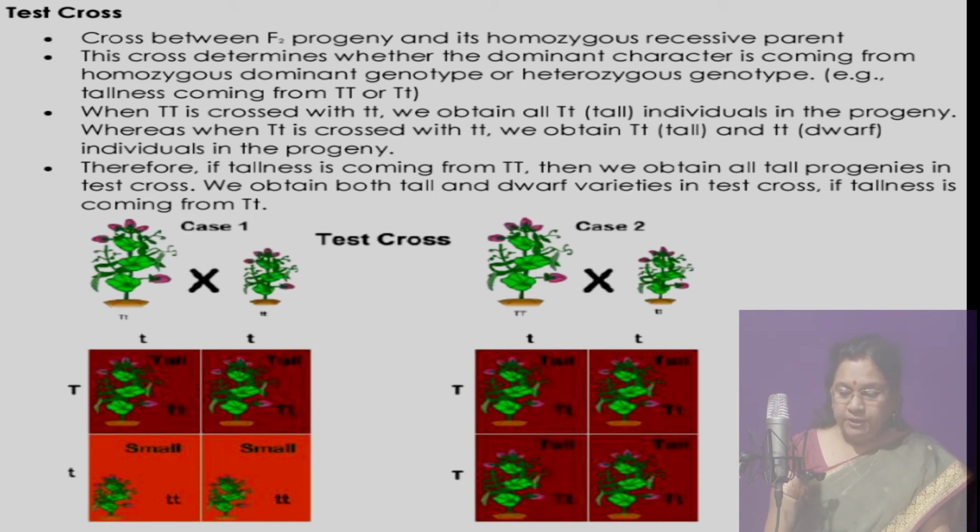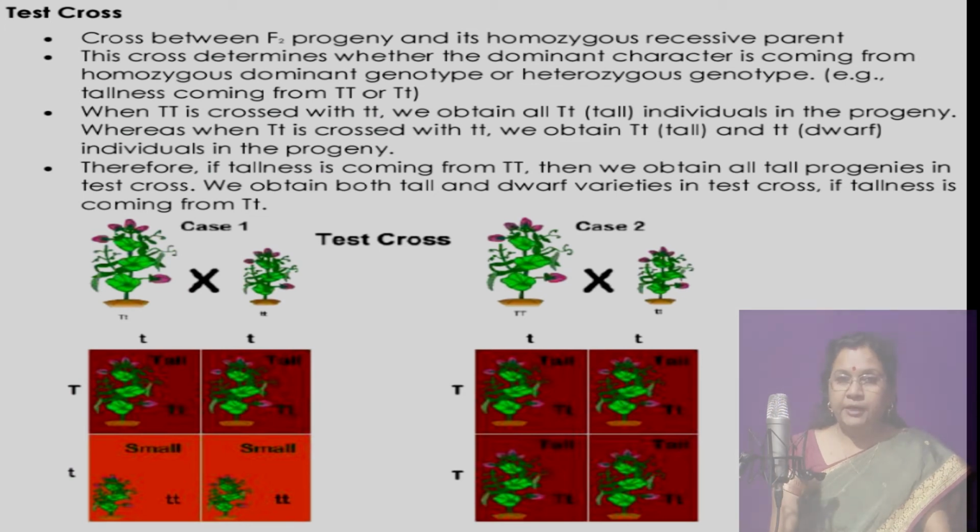But to test cross it, if the resultant progeny is crossed with the dwarf again, then the progeny obtained is 1:1. That is, the hybrid tall plant and the pure dwarf plant, homozygous, will be obtained.